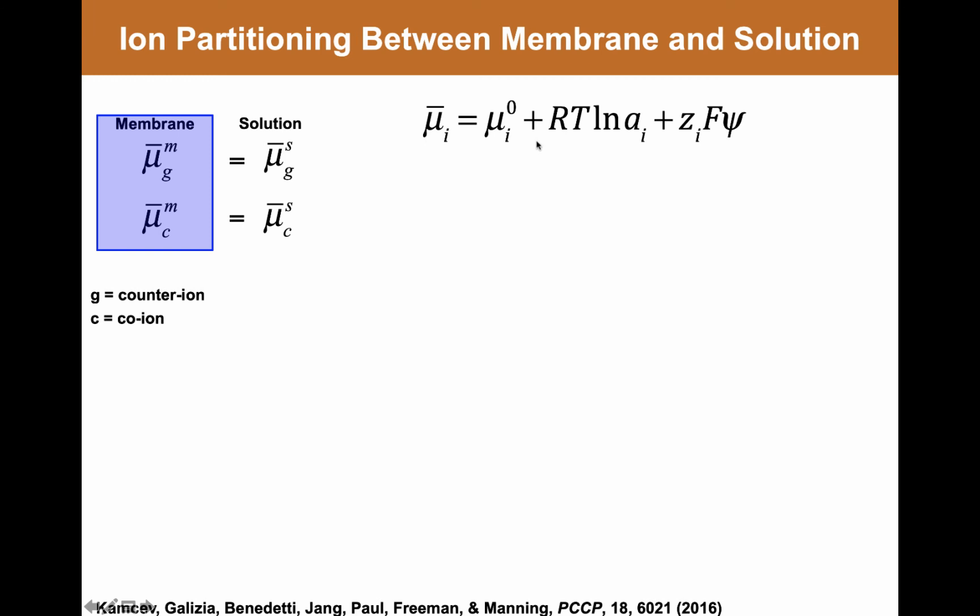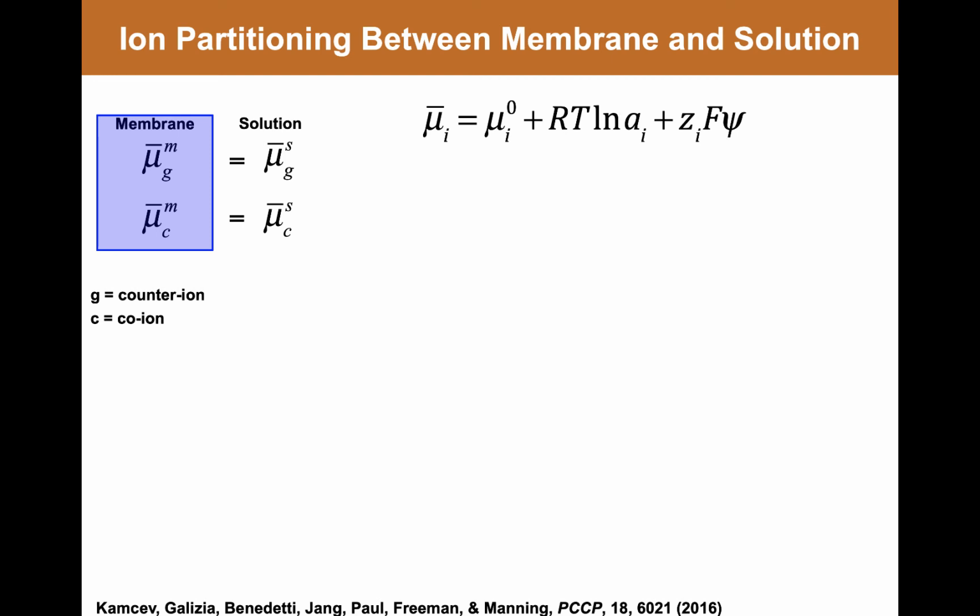You would recognize the standard chemical potential would be one involving just the reference term plus RT times the log of the thermodynamic activity of the ions. And then if the ions are charged, there will also be this term that represents the contribution of the electric field to the electrochemical potential of ion i. Again, z_i is the valence of the ion, F is the Faraday constant, and a_i is the thermodynamic activity of the ion.